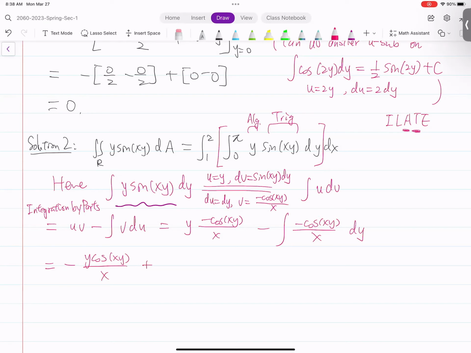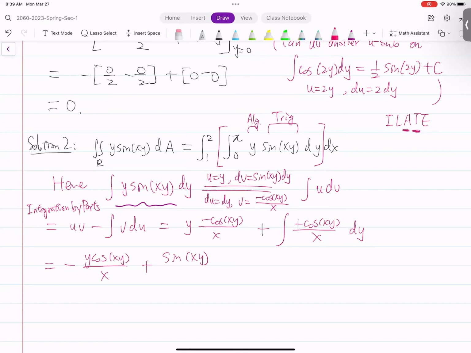And now here we have a plus. Let's make it a plus. What's the antiderivative of cosine? Sine, right? Sine of xy.